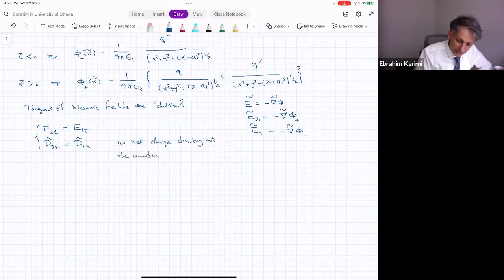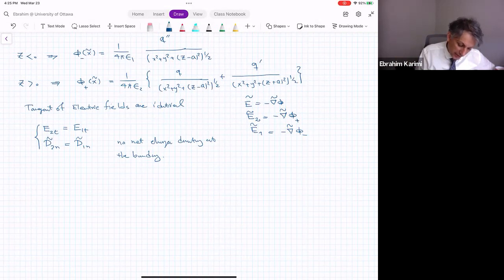You may get a charge density due to the polarization, but there is no net charge density there. Are you following, guys? Good. Okay, perfect. Now we will go with the first one.